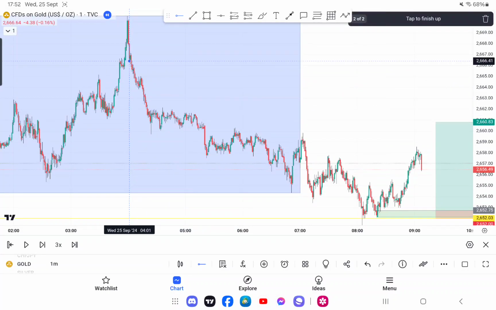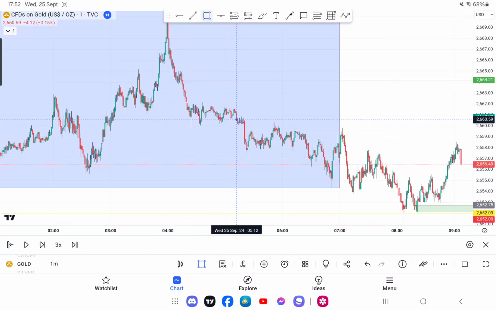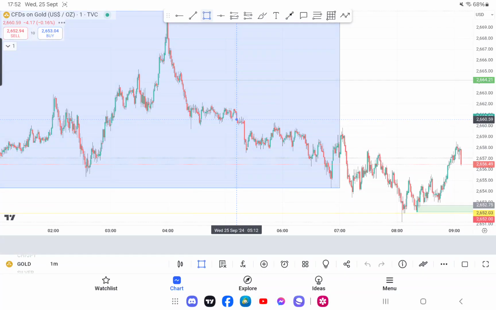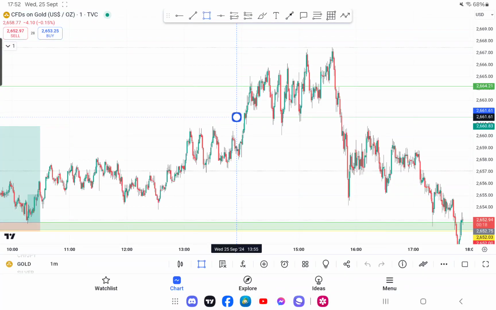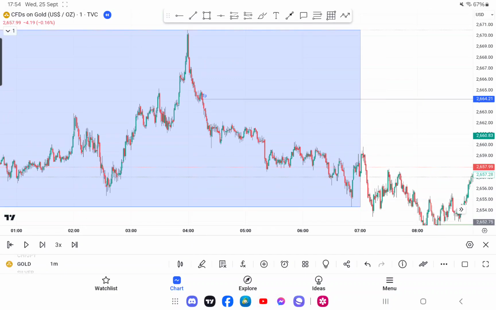So up here looks somewhere up here. No, don't want that. So we start seeing possibly some tiny bits of imbalance in here.